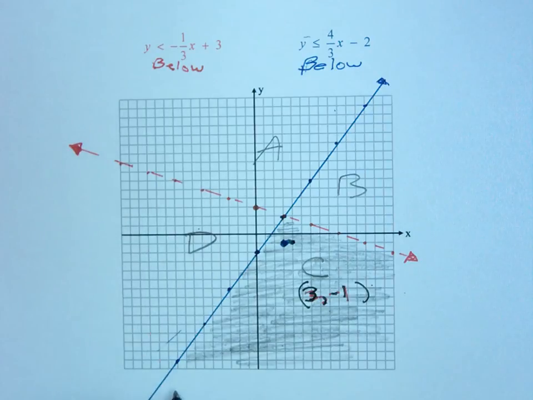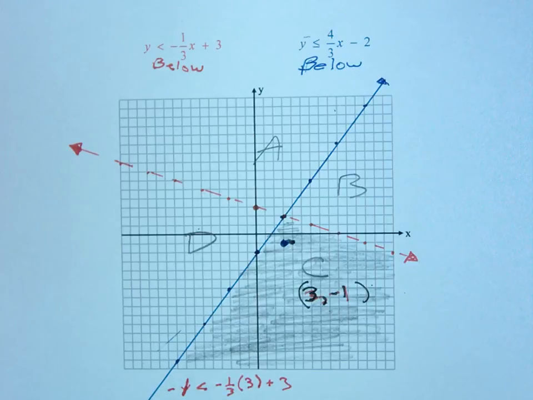All right, so I want to substitute 3, -1 into this inequality. Let me write it down below here, into the red: y is less than -1/3 times x plus 3. So for y, I'm going to put a -1, and for x, I'm going to put a 3. And we'll see if that makes a true statement.